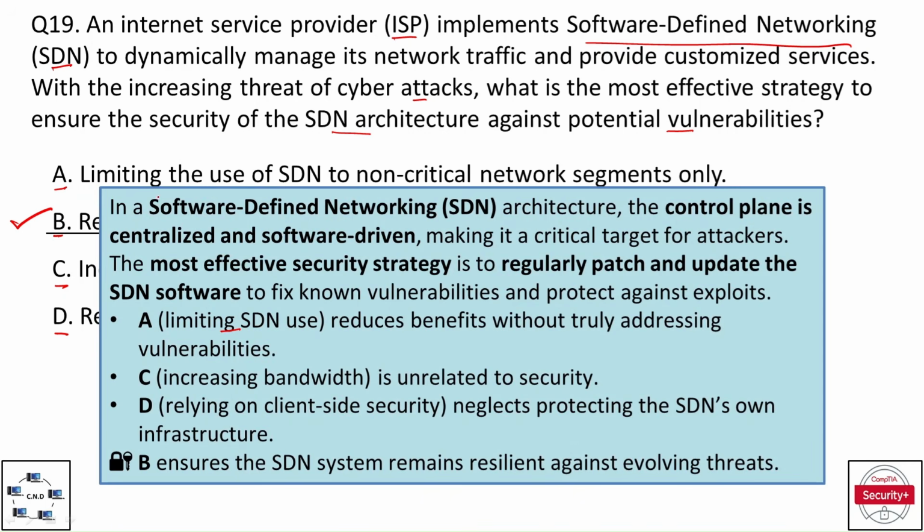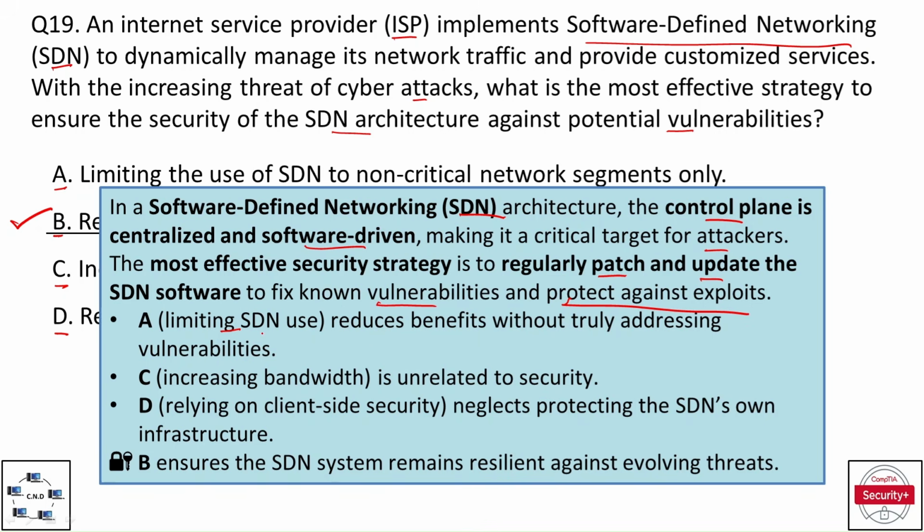And the explanation is, in a software-defined networking SDN architecture, the control plane is centralized and software-driven, making it a critical target for attackers. The most effective security strategy is to regularly patch and update the SDN software to fix known vulnerabilities and protect against exploits.